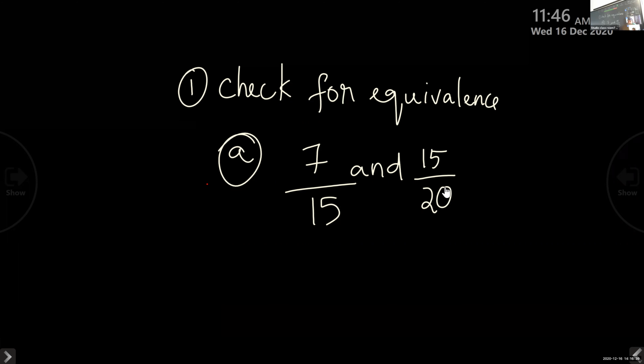You can cross multiply. Now we are writing some questions, and we should write in our rough book. Find out the answer in your rough book. 7 by 15 and question number B.